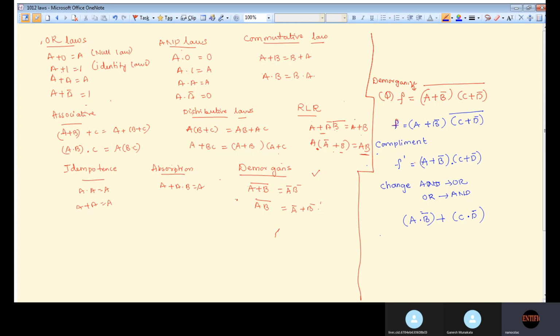And now again complement the variables. Complementing the variables, what you will get is A bar into B plus C bar into D.